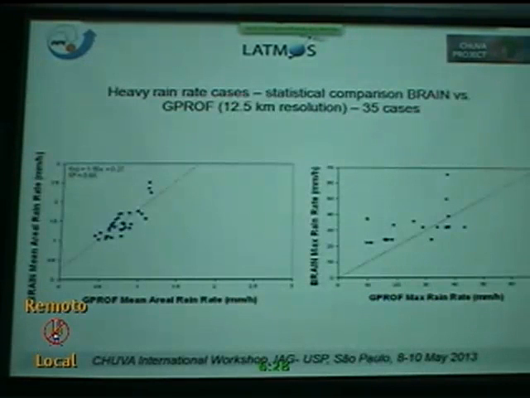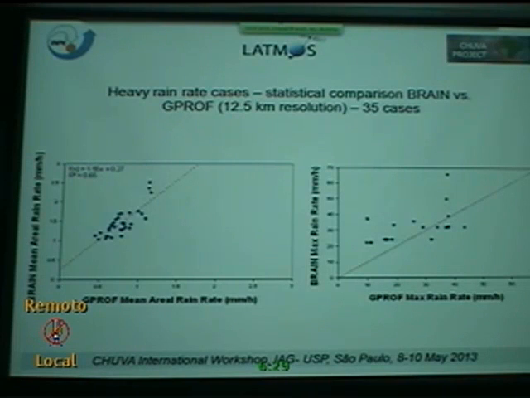This is for the heavy rain rate case. We took those cases with BRAIN with an average rain rate of more than 1 millimeter per hour over the whole area, and see what happened. So we have the same problem we had in the case study. In this case, we have 35 cases.